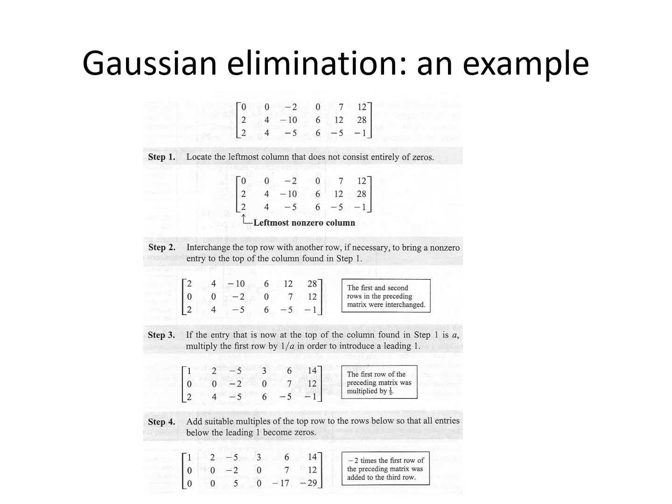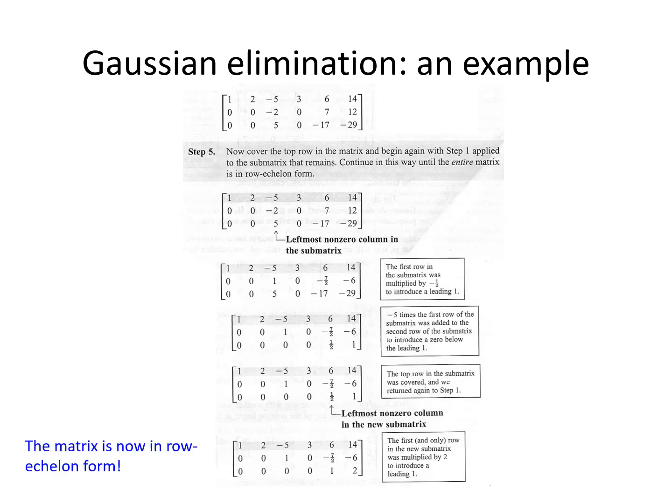First we convert that matrix into echelon form. After applying several row operations, we may obtain that form, called row echelon form.